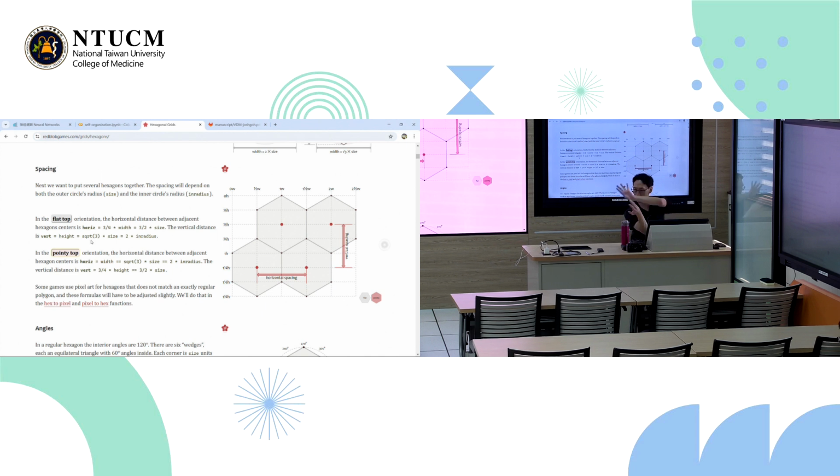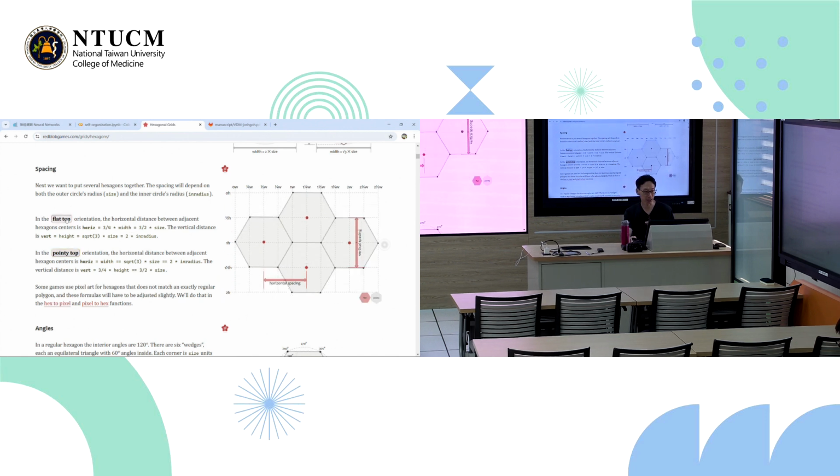And actually it's the other way around. The width is square root 3 and the height is one half, because we were using the flat top like this. This is actually what we're doing, okay? So it did it this way, but in a very weird way, because if you look at the code previously, I don't know if I still have it. Let me check if I still have it.